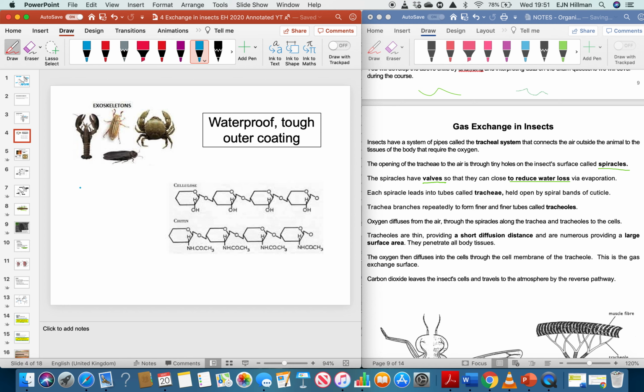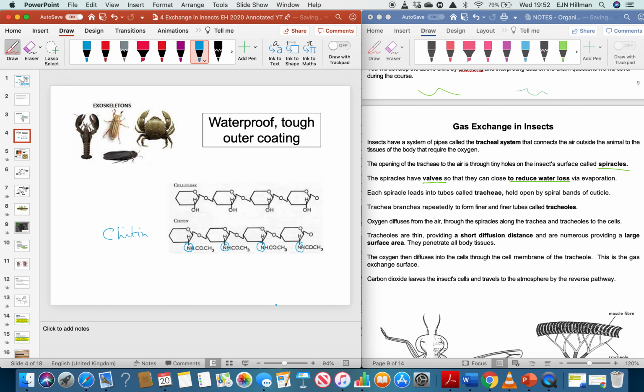So the reason that a specialised gas exchange surface is necessary is because, just like other arthropods and invertebrates, they have an exoskeleton. And that exoskeleton is made up of this molecule called chitin. Sometimes some students pronounce that differently, it's up to you. But chitin is very similar to cellulose. But you'll notice down here that chitin contains nitrogen.